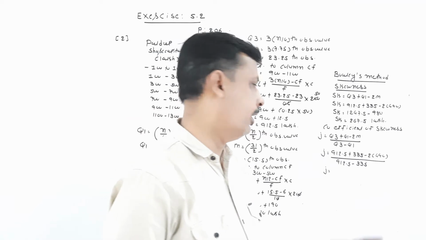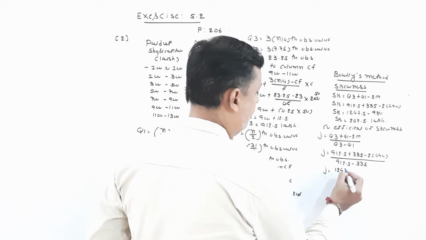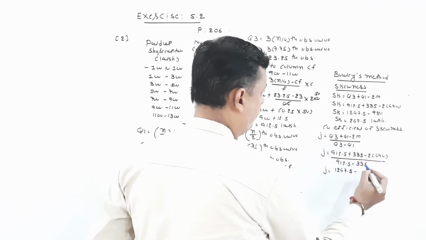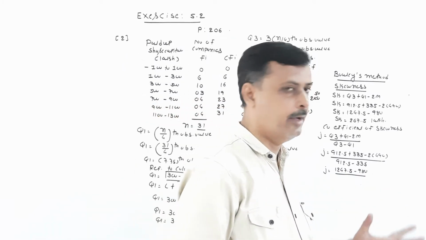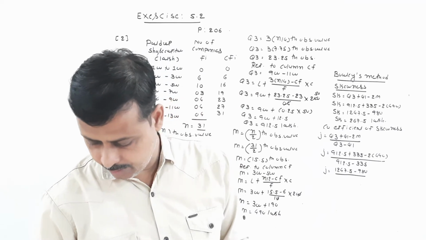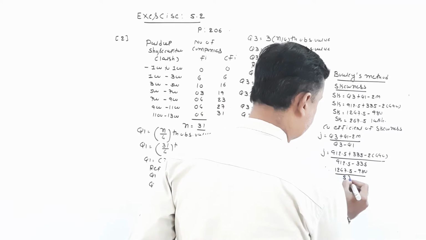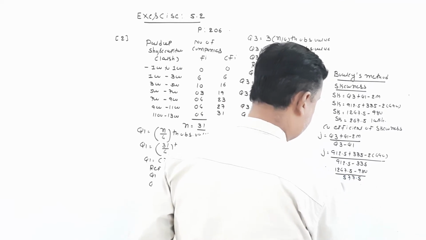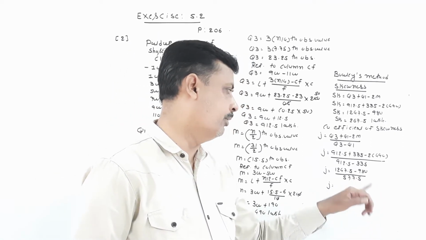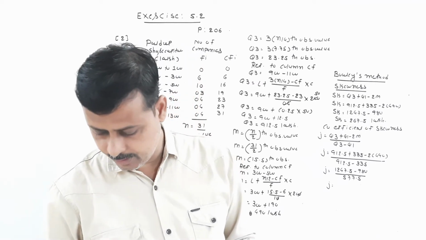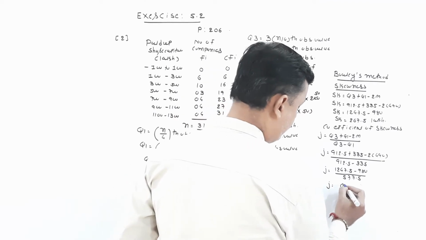So 912.5 plus 335, 1247.5, 490 into 2, 980, and 912.5 minus 335, that is 577.5. And 1247.5 minus 980 upon 577.5, so 0.46.